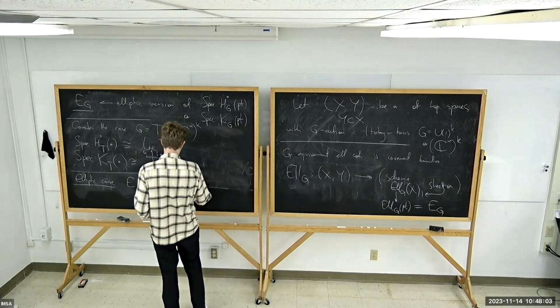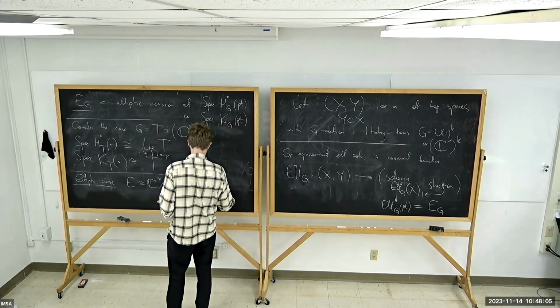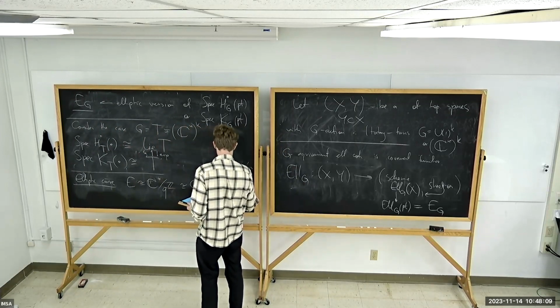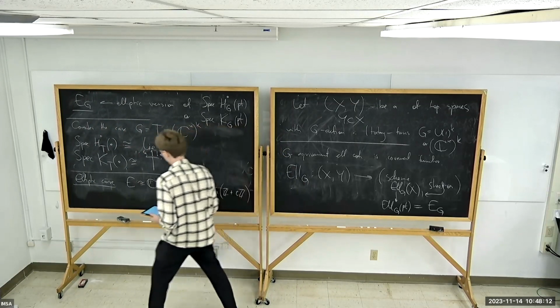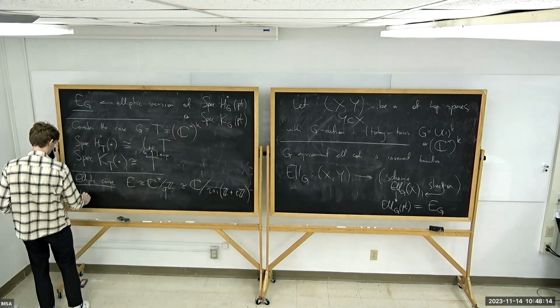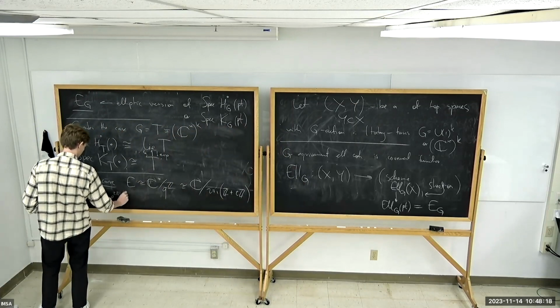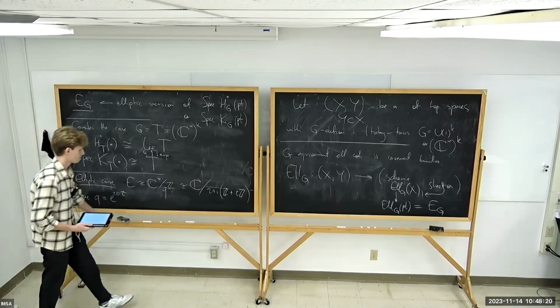This is the same as C modulo the lattice 2 pi i Z plus tau Z, where q is e to the 2 pi i tau.